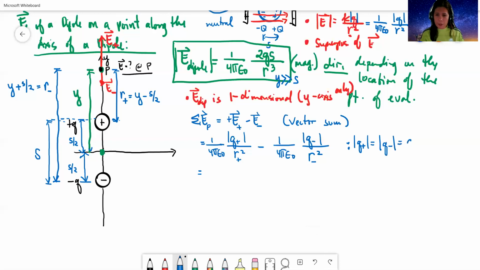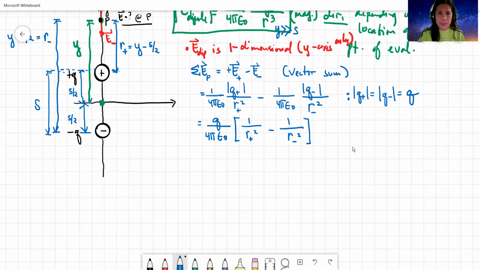We can simply call it Q. So you can factor out 1 over 4 pi and Q. I'll just put Q on top here. We are now factoring common terms, Q over 4 pi epsilon sub naught. So the remaining here would be 1 over R positive squared minus 1 over R negative squared.